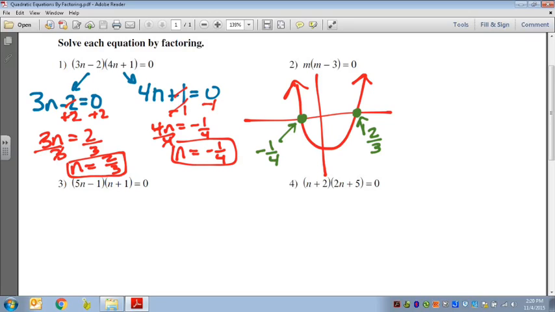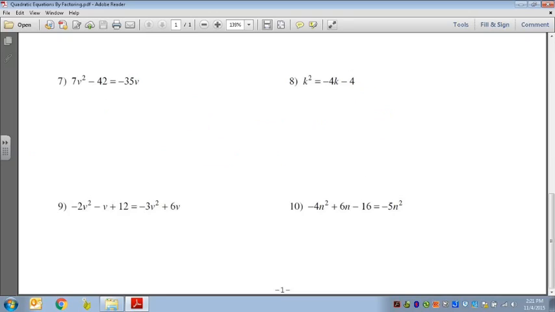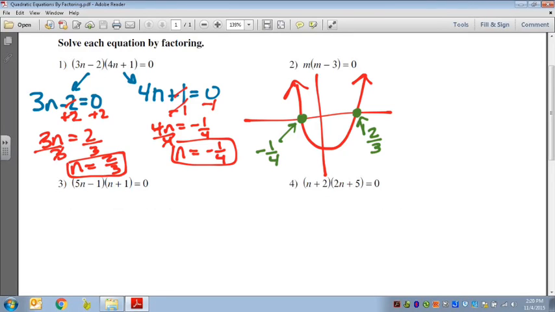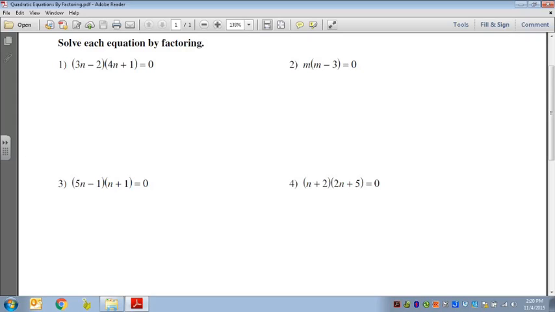Okay? So let's try, I'm going to do a problem like it. Let's try number 3. So I'm going to set each parenthesis equal to 0. 5n minus 1 equals 0, and n plus 1 equals 0.